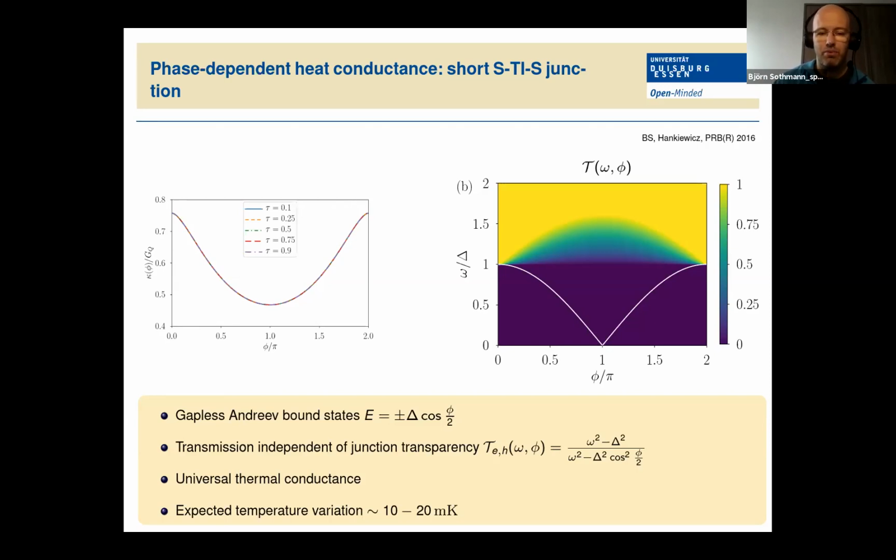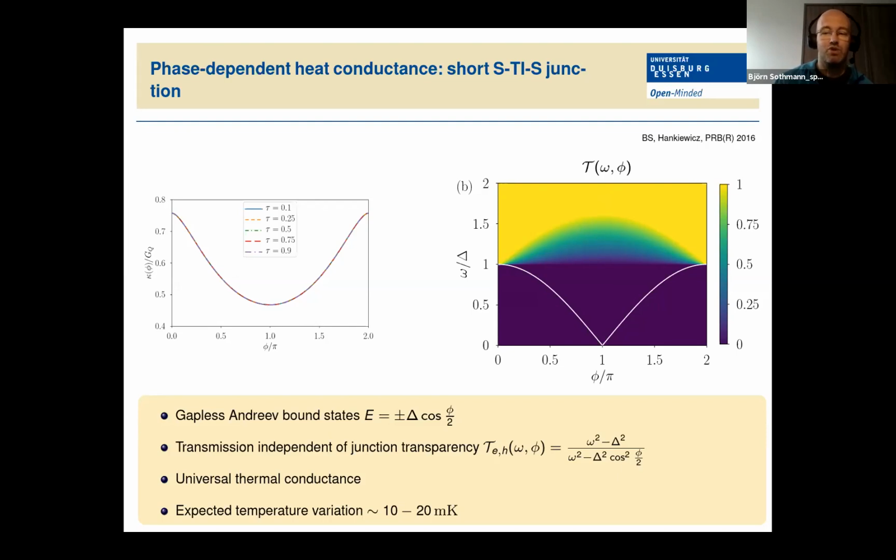Well, there are two important ingredients. One that explains why we always get this minimum here is the fact that now we have, again, this gapless Andreev bound state, which arises at phase difference pi, and which is this Majorana fermion that appears in these junctions. So there's always the reduced spectral weight above the gap, and therefore the minimum of the thermal conductance.